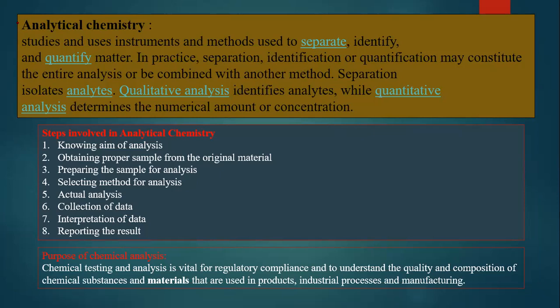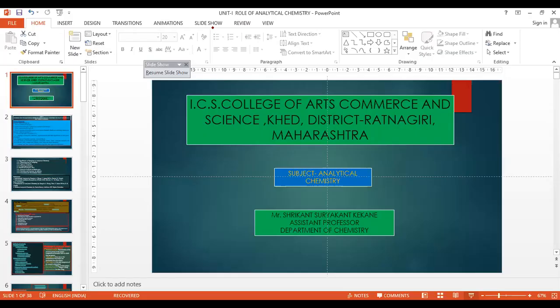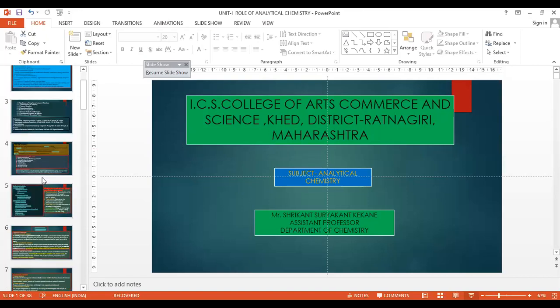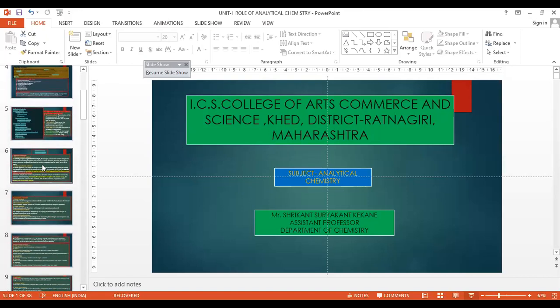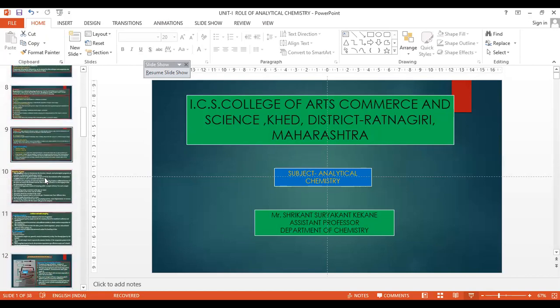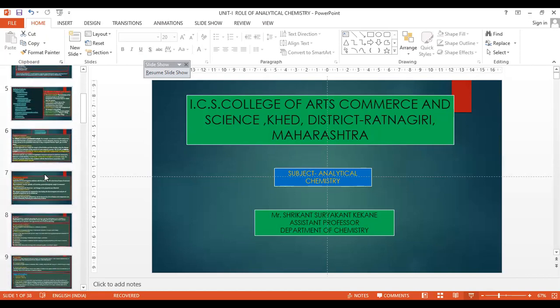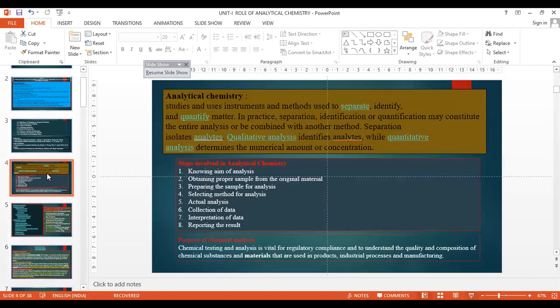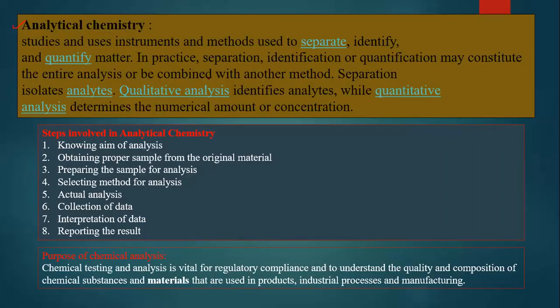Okay, now we are going to start the actual topic. So what is analytical chemistry? Analytical chemistry is, you know, that every compound, whenever you take it for analysis purposes, you are going to study in two manners: either qualitatively or quantitatively.